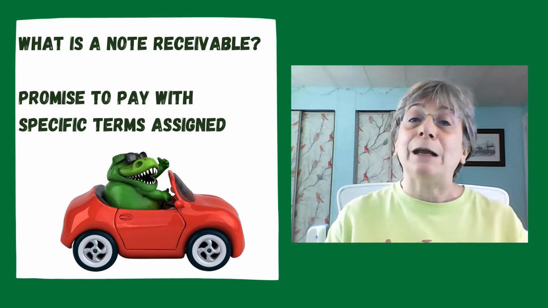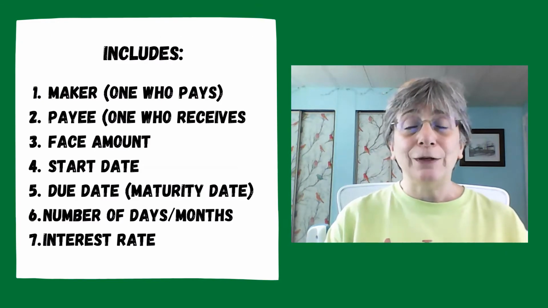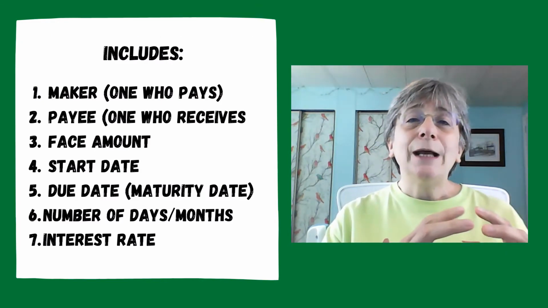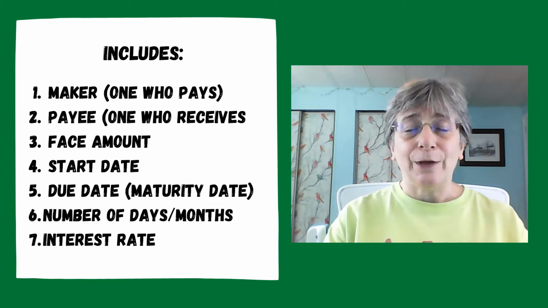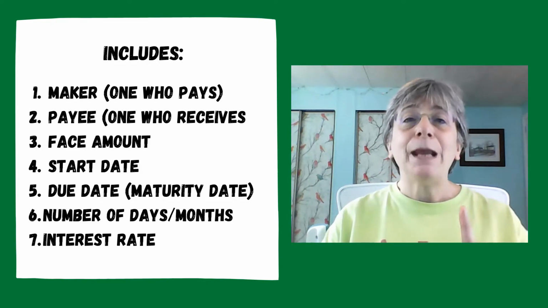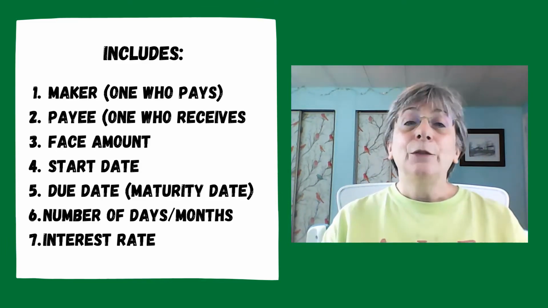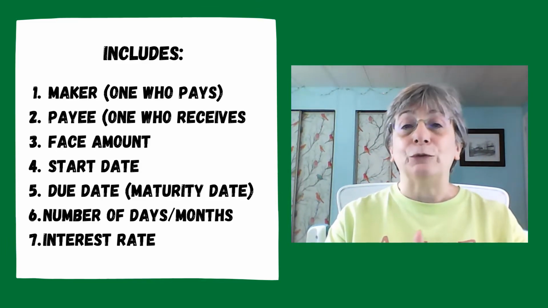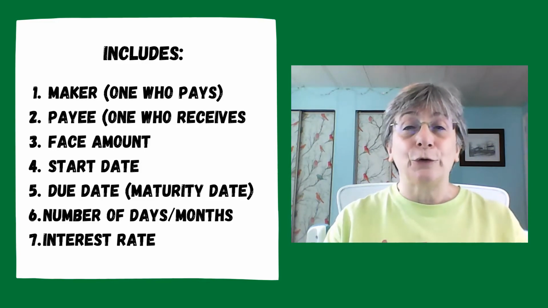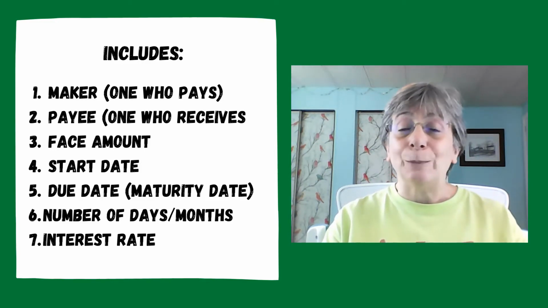you use their money. So when you have a note receivable, then you're going to have certain things that go along with that. So first of all, there's going to be a maker of the note receivable, which is you, the one who's going to pay. And then there is the payee, which is me, the one who is going to receive. There will be a face amount, which is the principal. So if you spend $10,000 for your car, that will be the face amount.